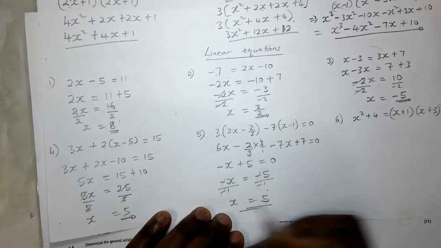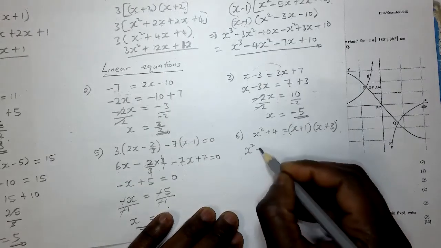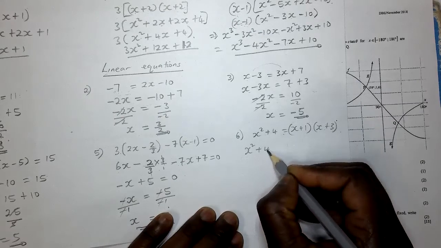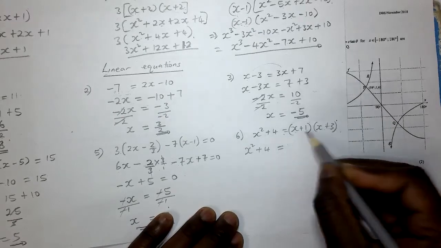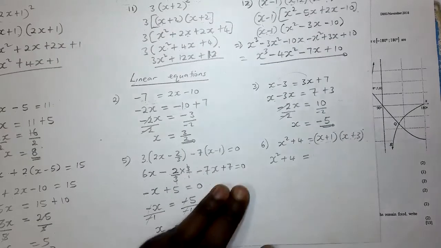That's our answer there. Okay, then let's move on to the last part there. x squared plus 4 is equal to, we need to expand first here. We need to expand to remove the bracket. How do we remove the bracket now?